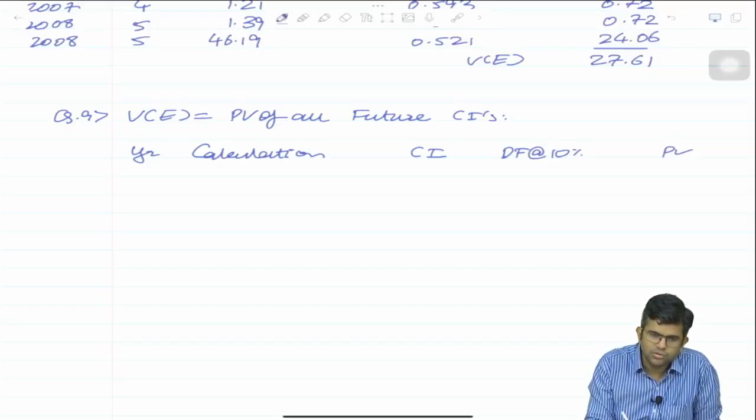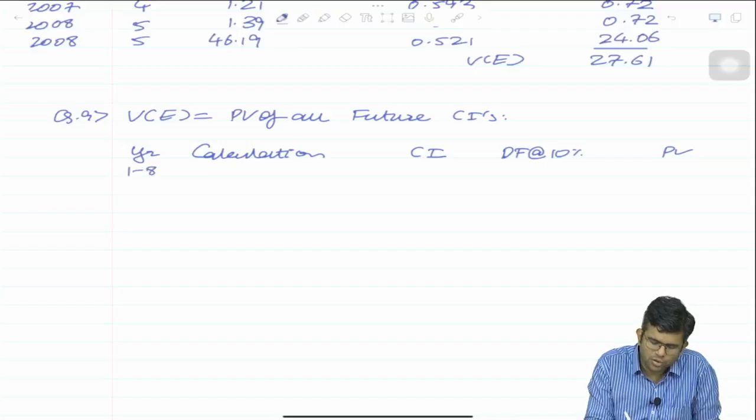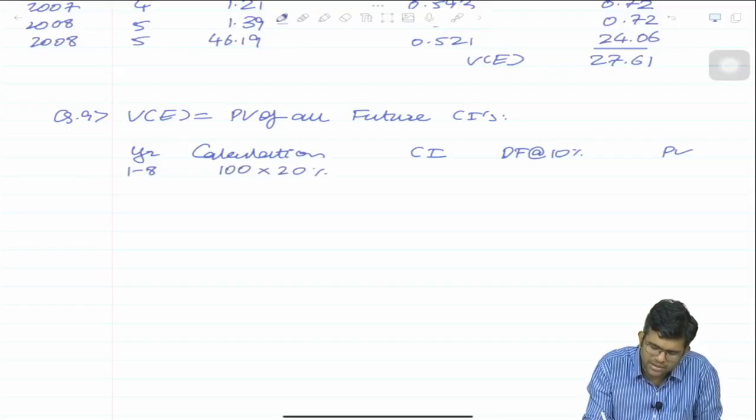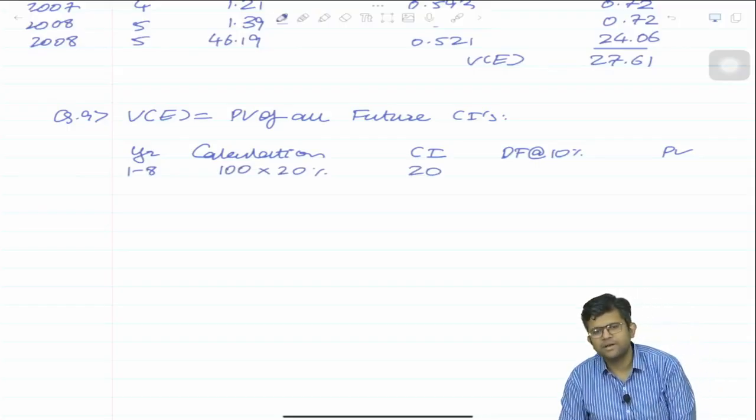Now students listen, company is going to give dividend of how much? 20%. Now 20% on 100 means 20 rupees. Can I say every year the dividend is going to remain same? So do you realize that you will be getting 100 into 20%, that is 20 rupees every year for the next 8 years if you buy the share today.